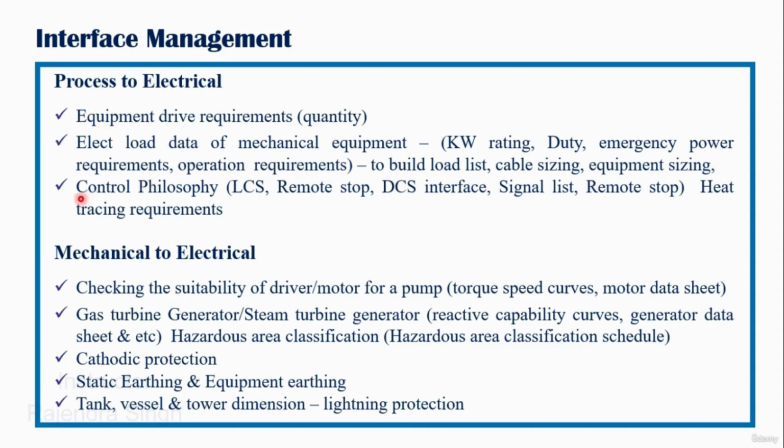Then process also provides the control philosophy, which is sometimes mapped in the PNID document, the local control station requirement, remote stops, any interlock list, DCS interfaces, signal list, and electrical heat tracing requirements.